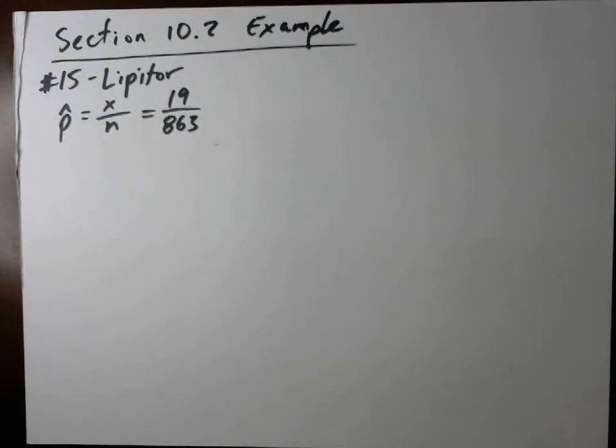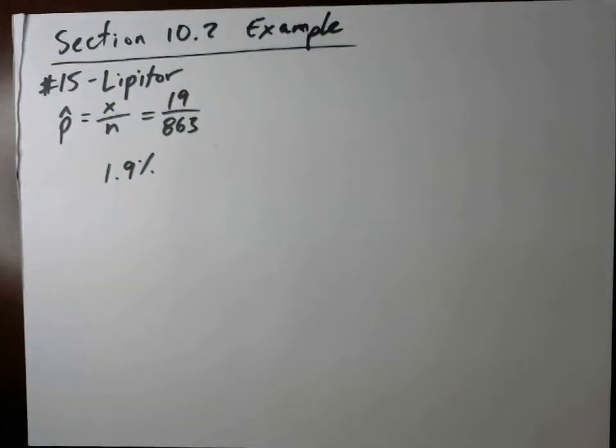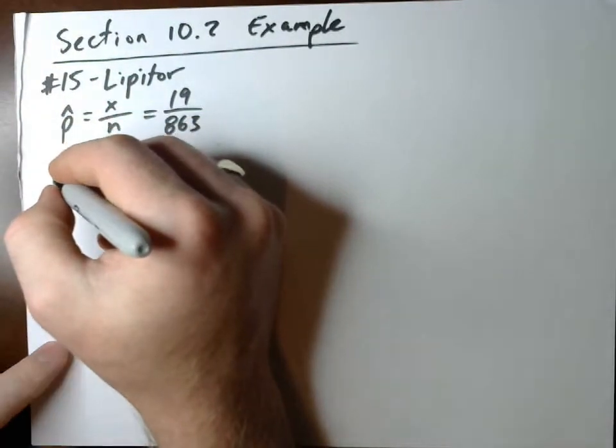I'm just pulling out information. I'm not exactly going through the hypothesis test at the moment. We also have 1.9%, and I'll give you a second to think about what that means. Okay, so 1.9% in this problem represents p naught.